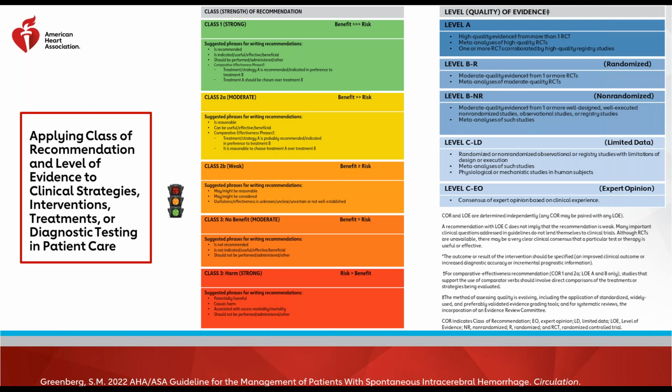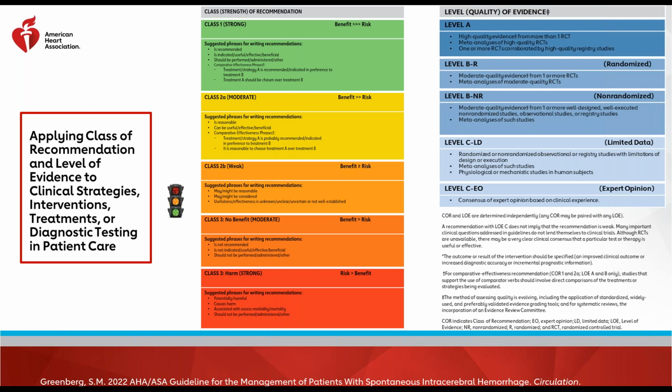So I'm not going to get too far into the weeds around the class of recommendations and the level of evidence, but applying class of recommendation and level of evidence to clinical strategies, interventions, treatments and diagnostic testing in patient care is the baseline of all of our guidelines.